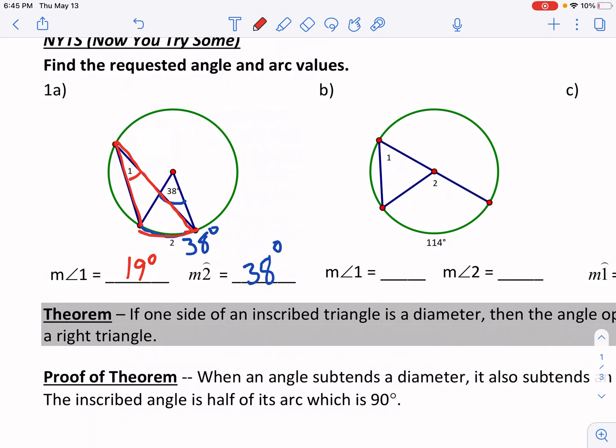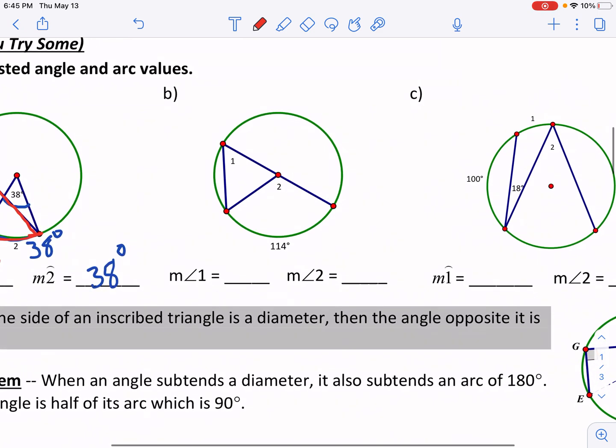Okay, let's try part B here. On part B, we're given that we have an arc that's 114 degrees. And notice, this is going to help us out, that angle 2 here is actually a central angle. If it's a central angle that intercepts 114, then this must also be 114 degrees. So the measure of angle 2 is 114 degrees.